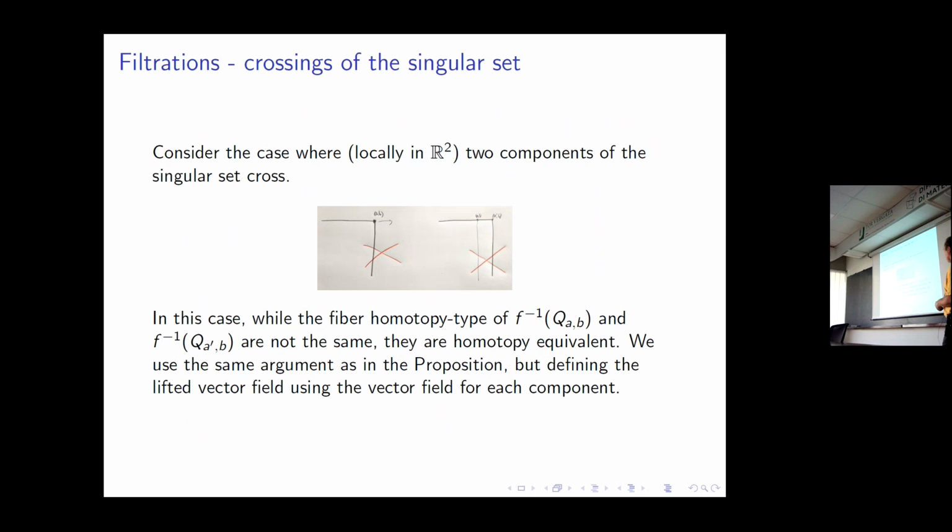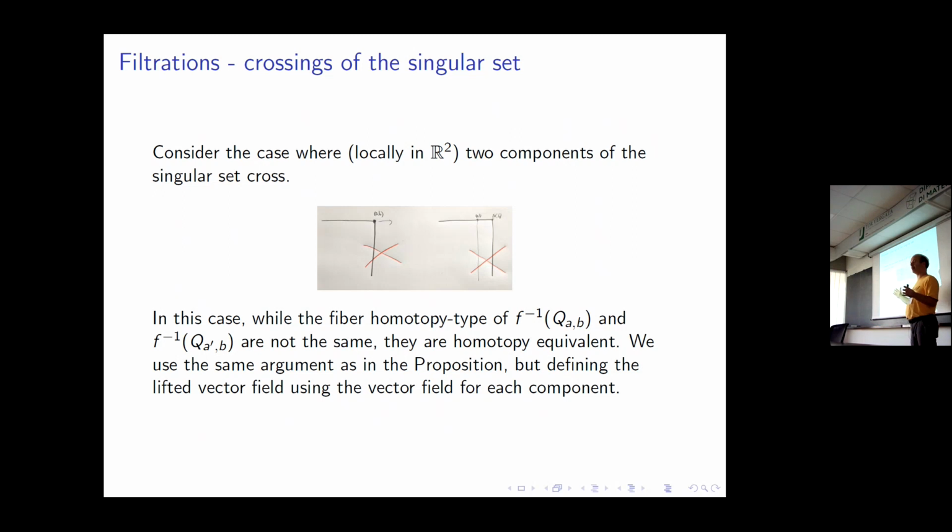And then lastly, there's the case where you've got a double point in the singular set and you pass over it. This does change the fiber homotopy type, but if you remember the argument that if you forget one of the curves, you just have a nice transverse intersection, and the fiber homotopy type doesn't change.